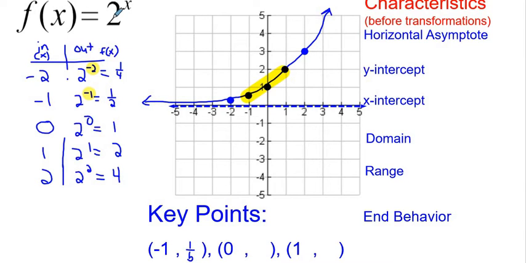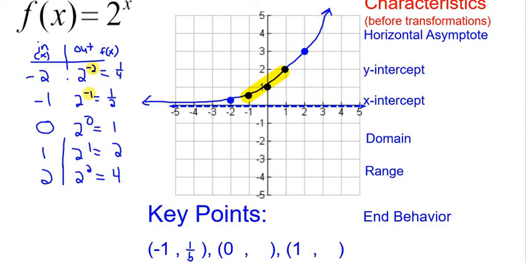If this were 3 to the x, this would have been a third. If this were 4 to the x, it would be 1 over 4. What if the base was a fraction? Let's say it was 1/2 to the x. Then it would be 1 over 1/2, and it would reciprocate and become 2. And that's what actually causes decay, because it starts large and then gets small.